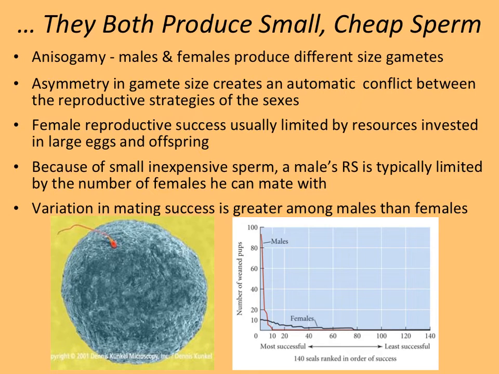For females, since you're producing bigger, fewer gametes, you're usually limited by the resources you can invest in those eggs. Eggs are expensive, and when they get fertilized, there's the offspring that oftentimes the female takes care of.